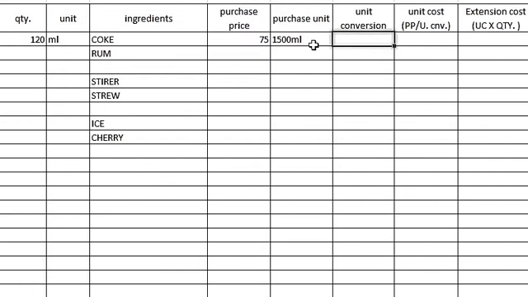Okay, so unit conversion, unsaon nimo pagpangita sa unit conversion? So again, gamiton nimo kung unsa imong standard nga gamiton every time mag-mix ka, okay? So for example, kani si 1,500 ml, tungod kay jigger man imong gamiton every mix nimo, so i-divide na nimo ni 30 ml.